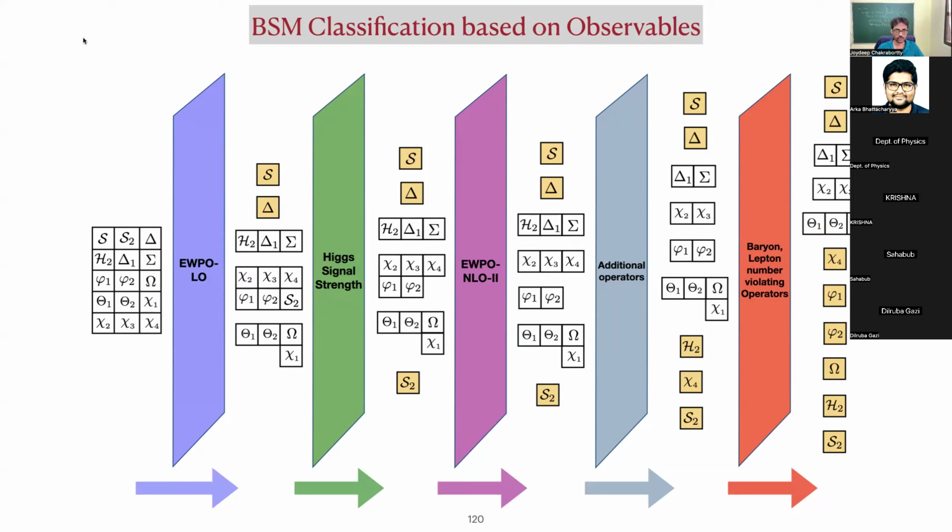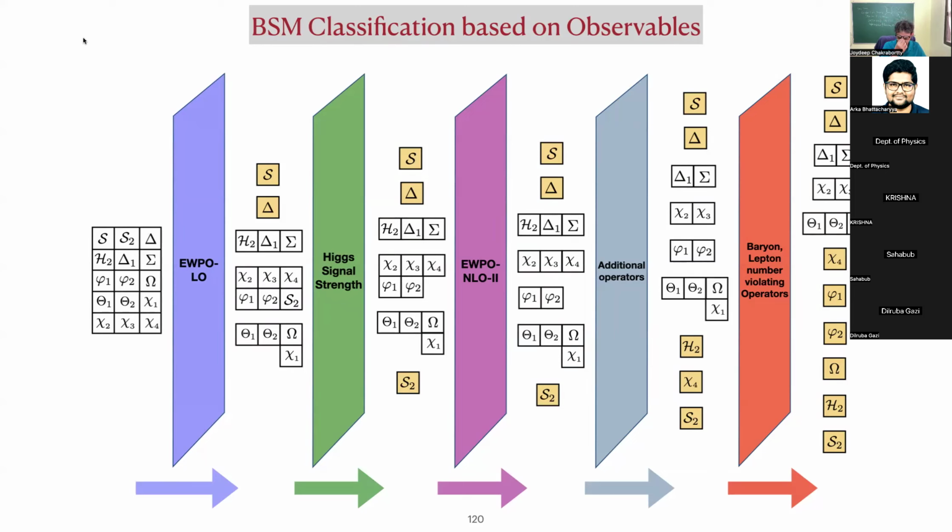Okay. So this was all about how this phenomenological analysis works once you have the effective Lagrangian. Now we'll stop this kind of analysis here and add the third pillar, if you remember.